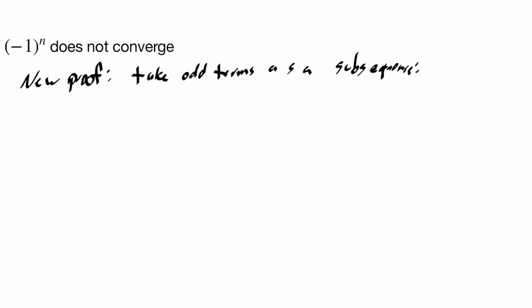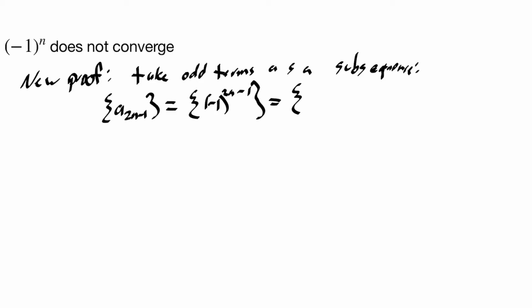If we take all the odd terms for a subsequence, then we get that the subsequence a_{2n−1} is just (−1)^{2n−1}. But notice if you put 2n−1 in here, you end up just getting −1 over and over and over again. So we end up getting −1, −1, −1, −1, and this sequence converges to −1.